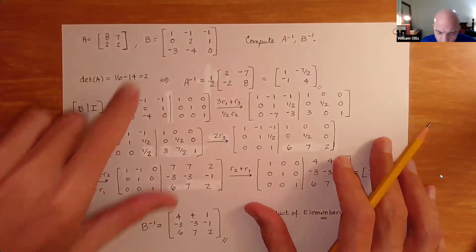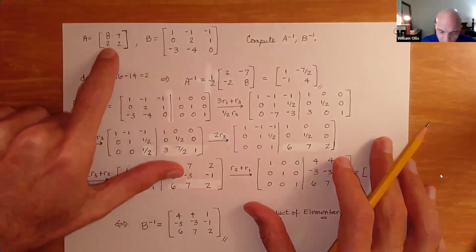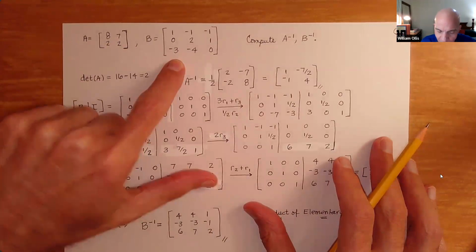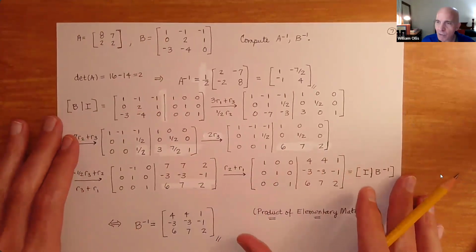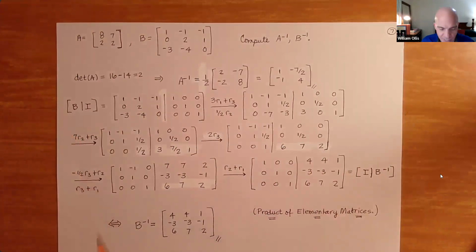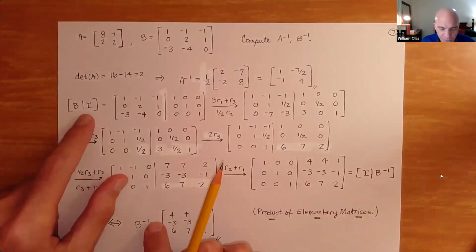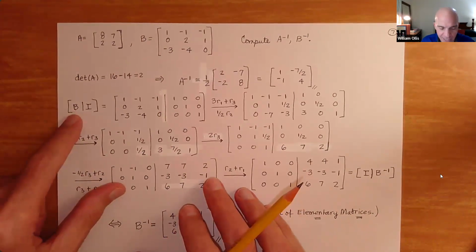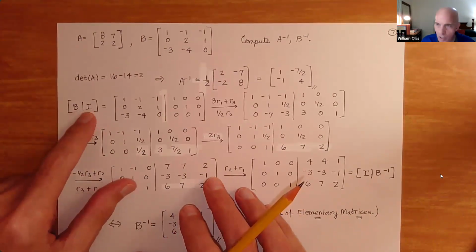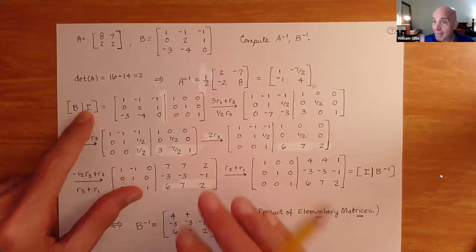Now, for this matrix here, note this is a 2 by 2, this is a 3 by 3. And what we want to do, and this process is steeped in what we call elementary matrices, is start out with the combination matrix, so to speak. We have the matrix B appended to the corresponding 3 by 3 identity.